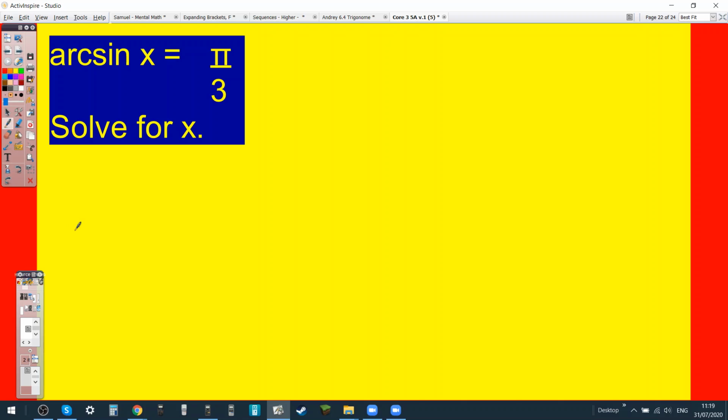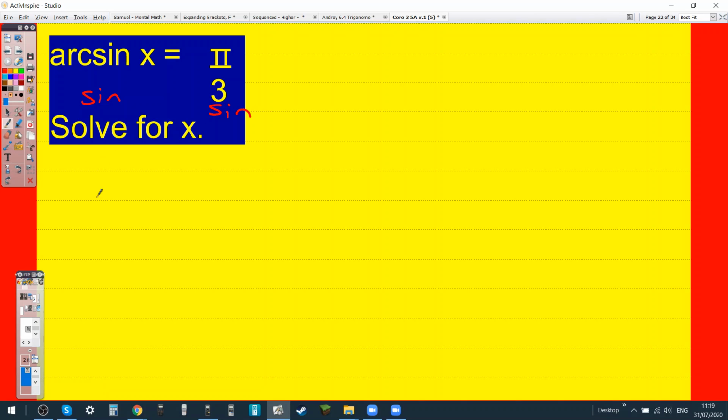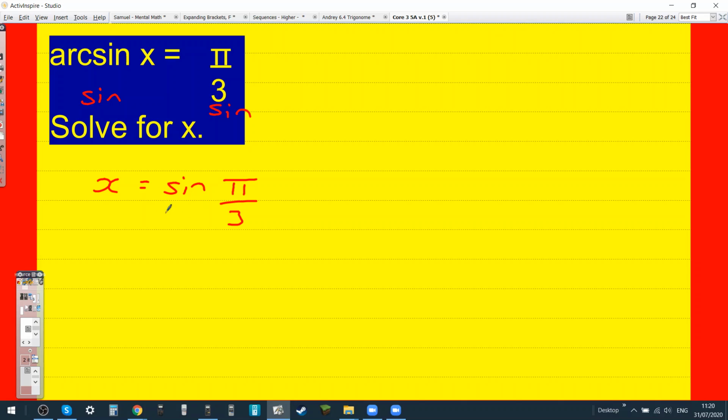Look at this graph. Okay, how about this solve? Is that just sine pi over 3? Yes, well done. And so I got 0.018.